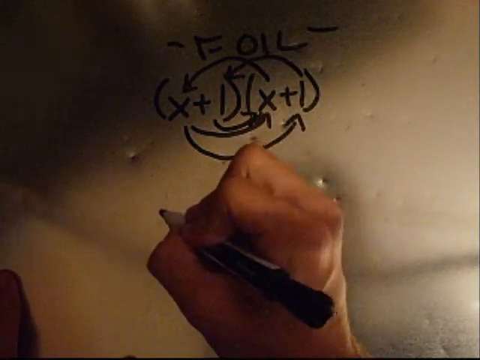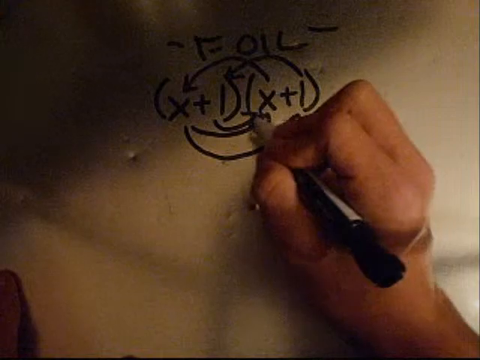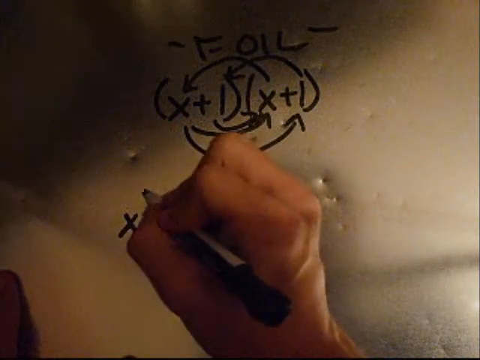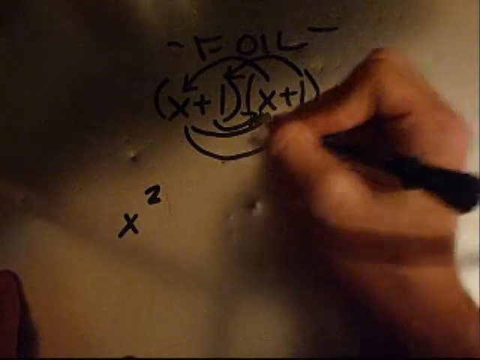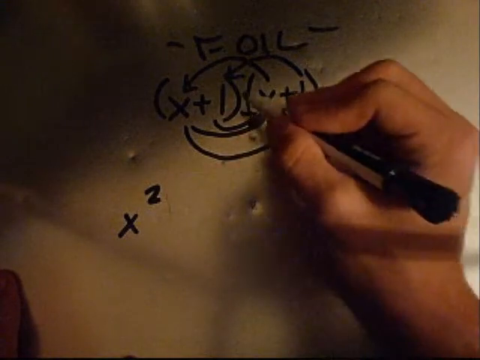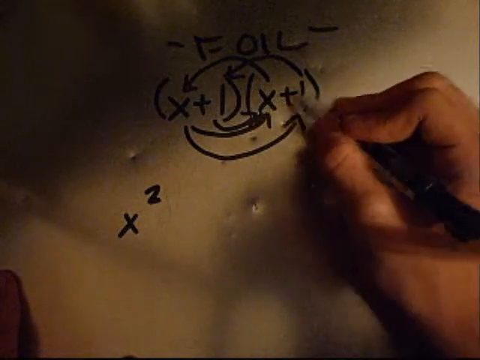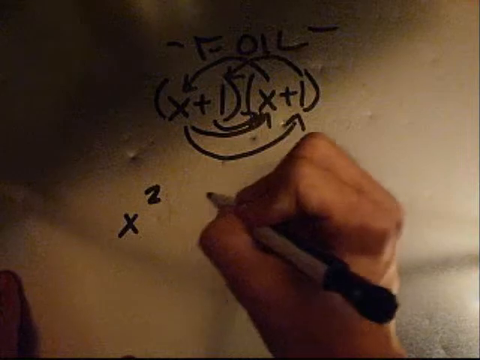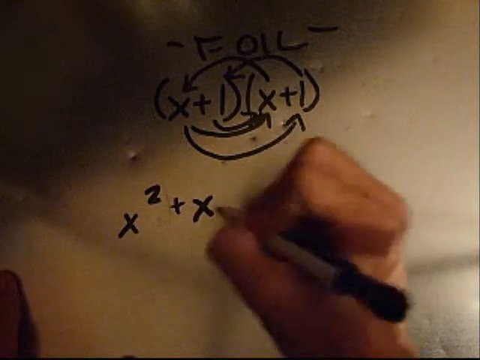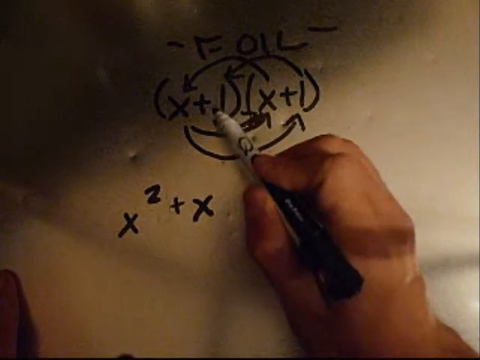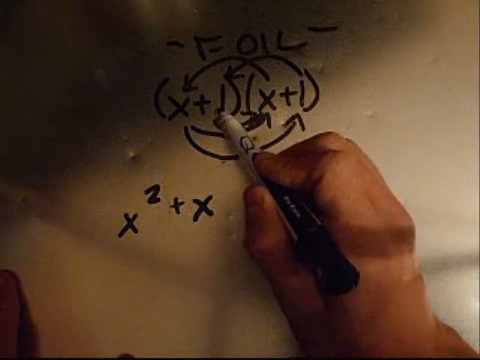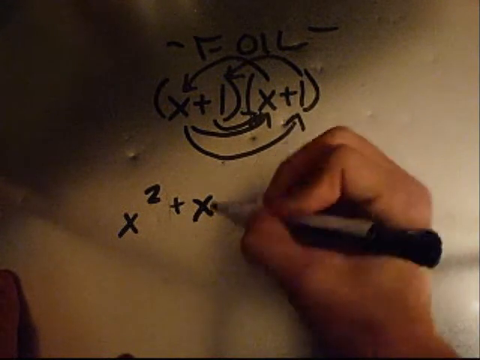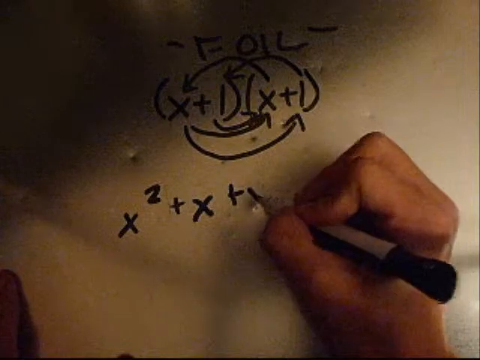So it would come out to be this x times this x would equal x squared, because x times x equals x squared. If you times this x by this 1 over here, then you would get plus an x. But we have another one on this side right here that we have to times this x by. So you'd have to add another x to the equation.